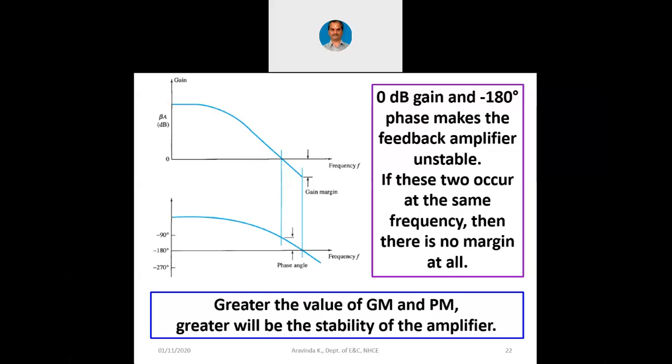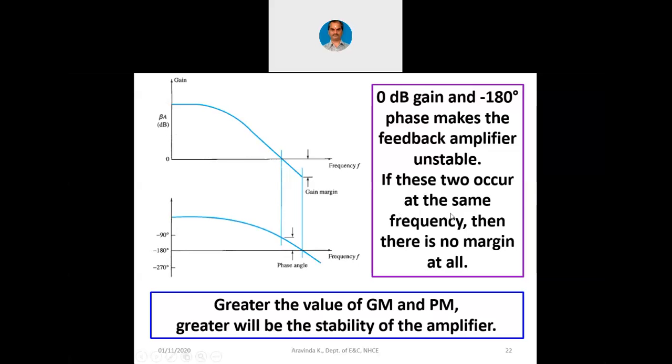The value of A beta should not be 1 as the phase shift is minus there. A is minus A, so A beta will become minus 1. A beta becoming 1 and 180 degree phase shift happening together should not happen. That is the idea. If they happen together, then there is no gain margin, there is no phase margin at all.